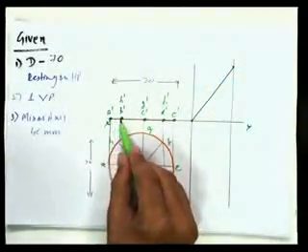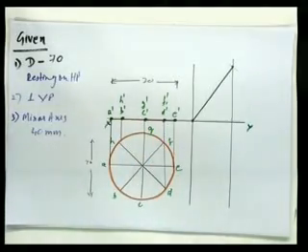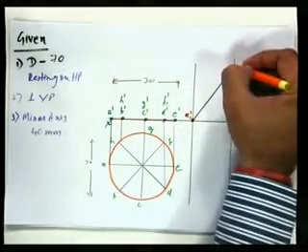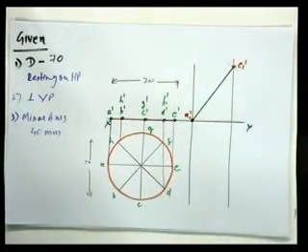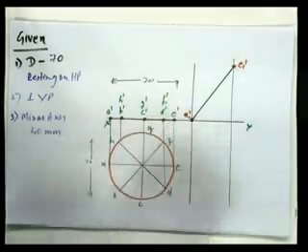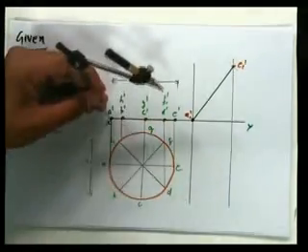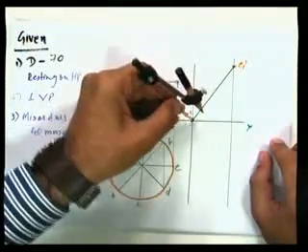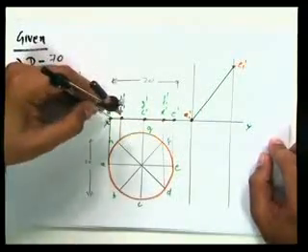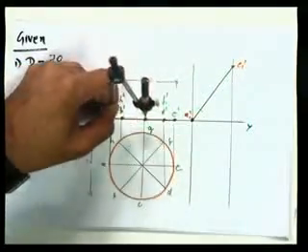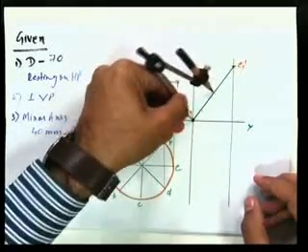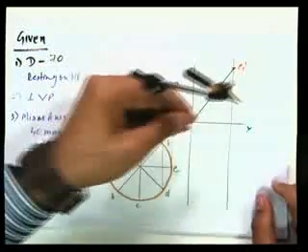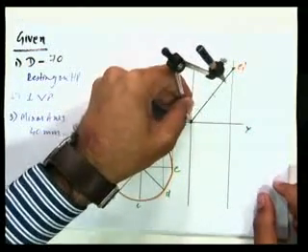Now I need to mark 1, 2, 3, 4 and 5 points on this. I already have these points. So this is A1 dash and this is E1 dash, right? Now I need to mark the 3 points which are in between. How will I do that? I will put my point on A, measure the distance of A to B, and then cut an arc here. And now again from A I will take G to C, I'll take the distance and cut an arc here, and from A again I will take F to D and cut an arc here.